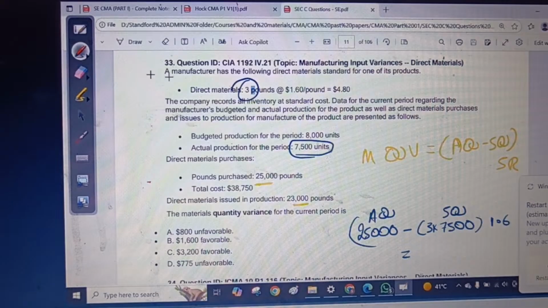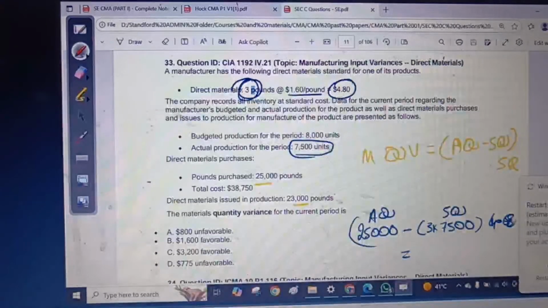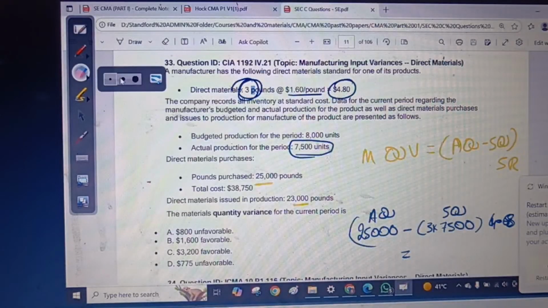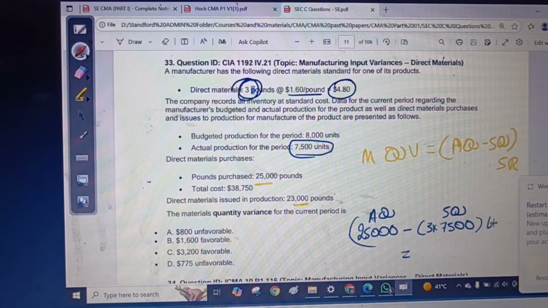This is per pound. So they are using 3 pounds. This should be 4.8. Why not 1.6? Because 1.6 is for 1 pound. We are using 3 pounds here.